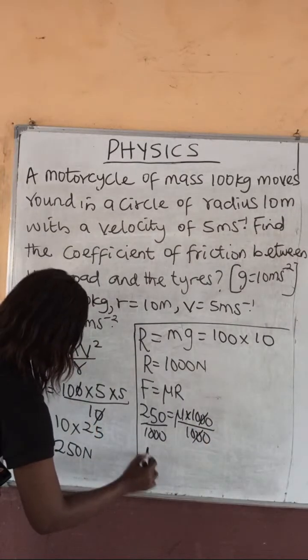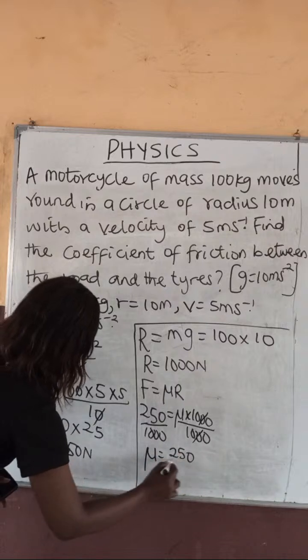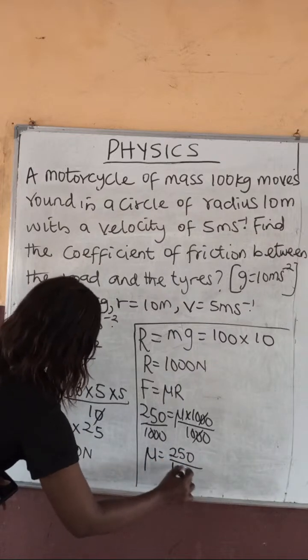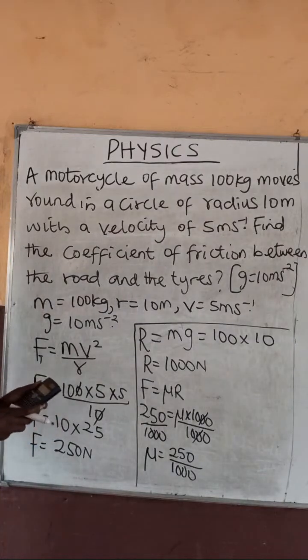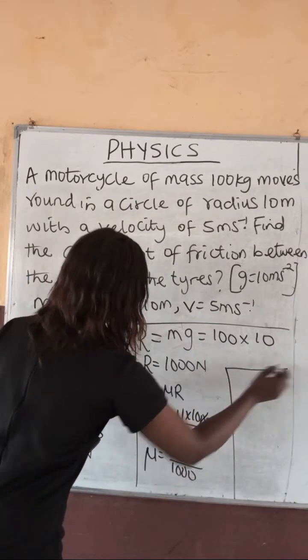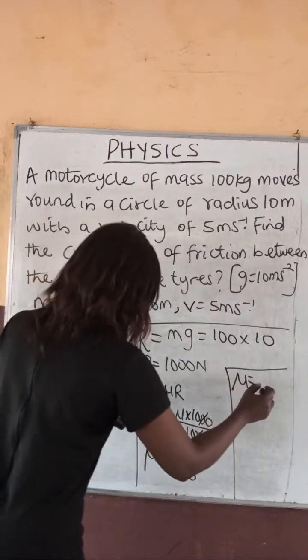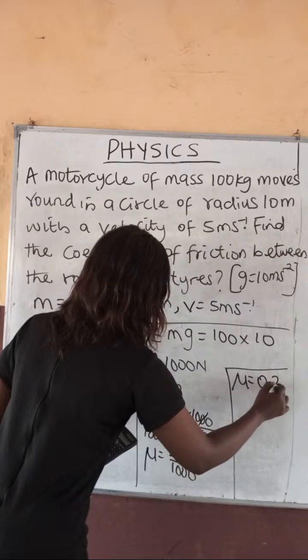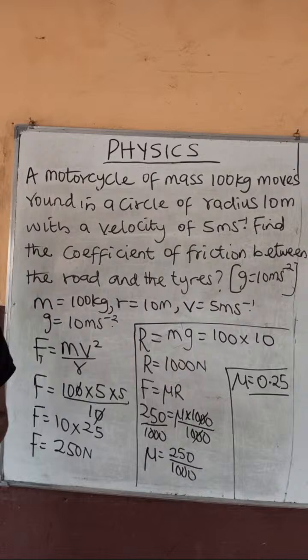So my mu is equal to 250 over 1000. So let's divide. My mu is equal to 0.25. Do you understand?